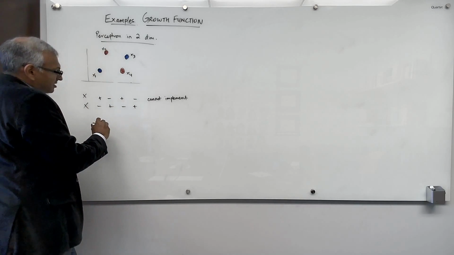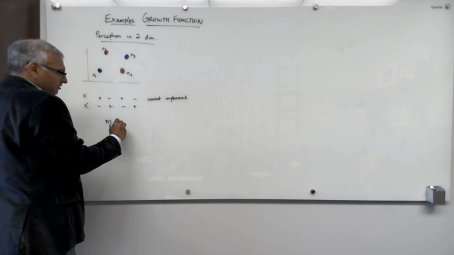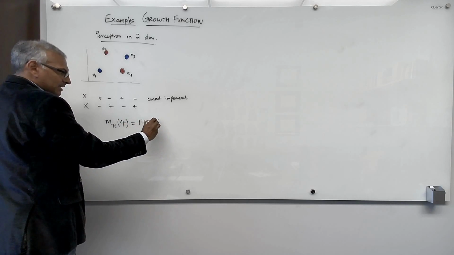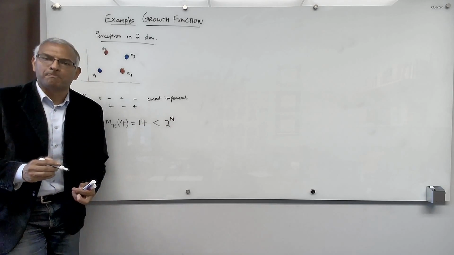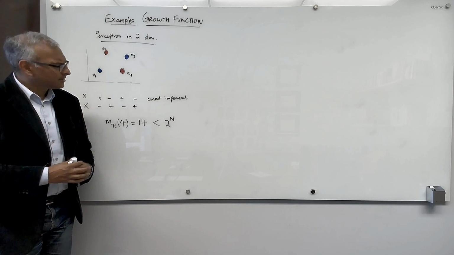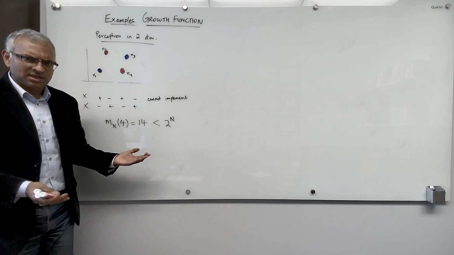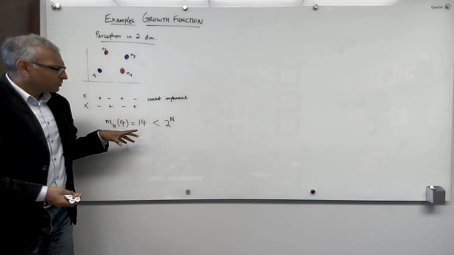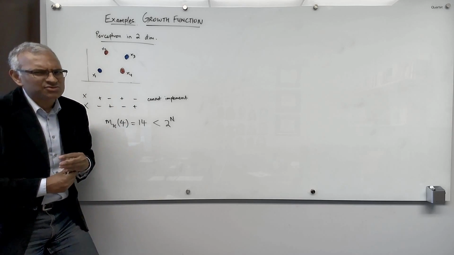So this means that for the perceptron, m sub h of 4 is equal to 14. And that is less than 2 to the n. There is hope. Remember we said that 2 to the n is not so useful in the bound. But we have some hope now that even for an infinite hypothesis set, the perceptron, from the perspective of complexity, is not that complex as we thought.